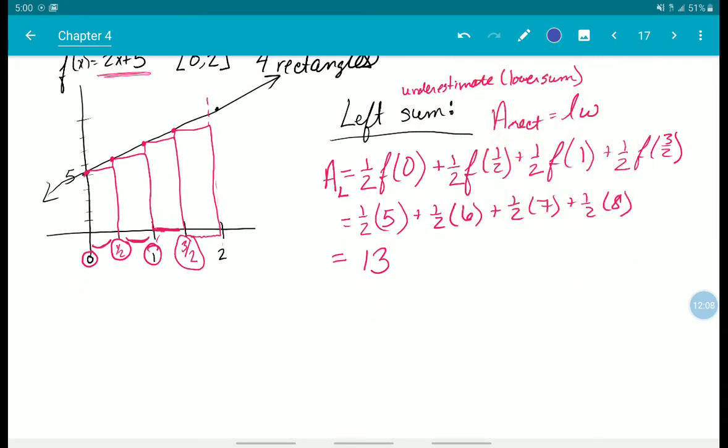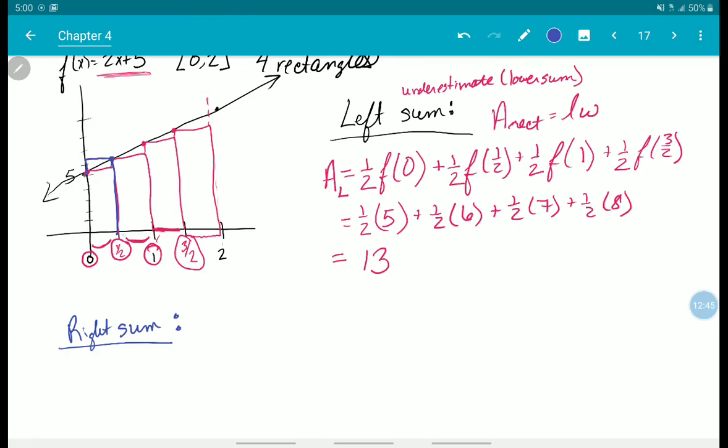Now let's talk about the right sum. I'm going to change my color here. So when we talk about the right sums, we're talking about using the right endpoint to draw this rectangle for each one. So the width's going to be the same because we're still using 4 rectangles. But instead of starting at 0 and drawing the rectangle, we're using the right side. So we're starting at 1/2. So then our first rectangle will look like that.